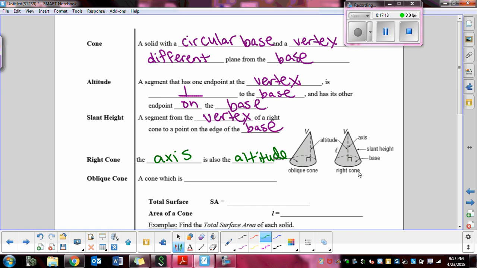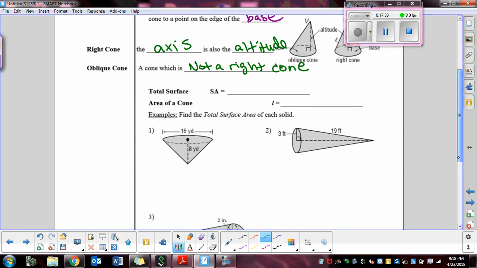We're going to be working with right cones. An oblique cone is a cone which is not a right cone. Any other cone is an oblique cone. So we're going to work with right cones because then we can use the Pythagorean theorem and stuff like that.